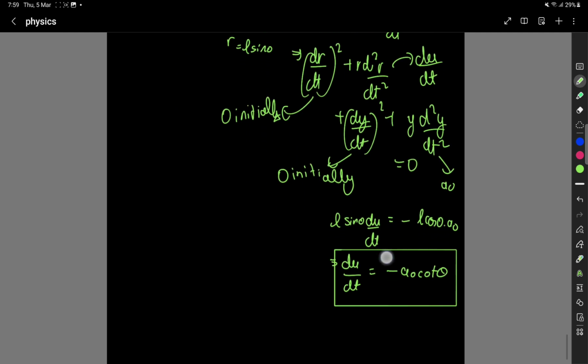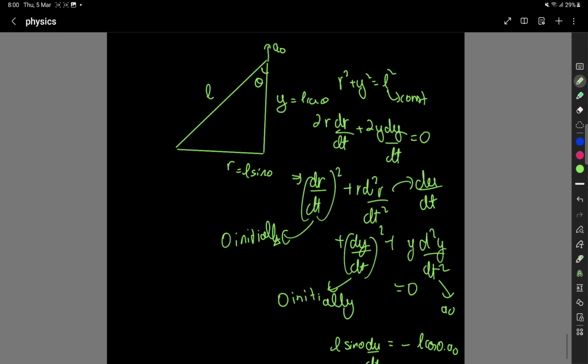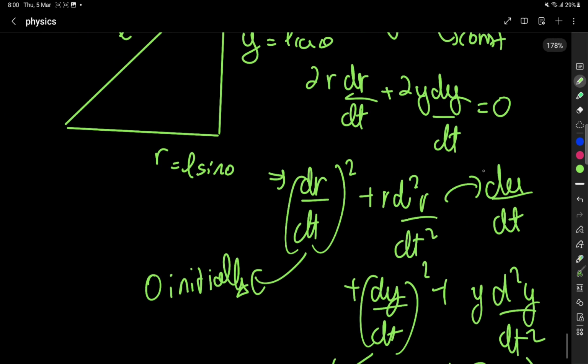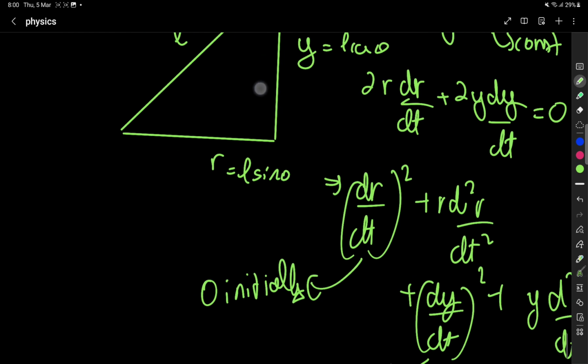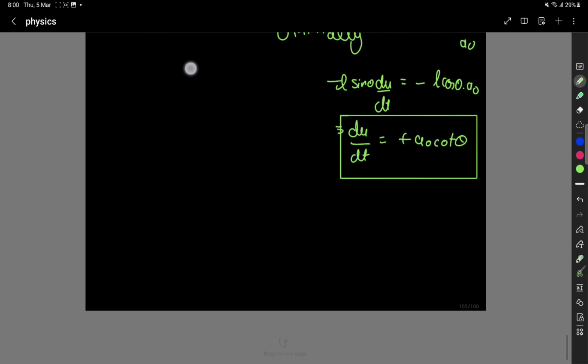But what does this minus mean? Yeah, so sorry, I made a mistake here. That is minus dr by dt is u. Since u is causing this r to decrease, we are supposed to put minus dr by dt. So du by dt will come like this.